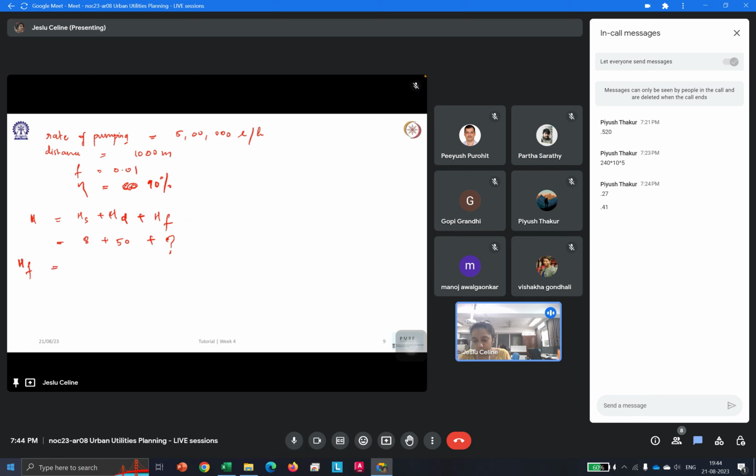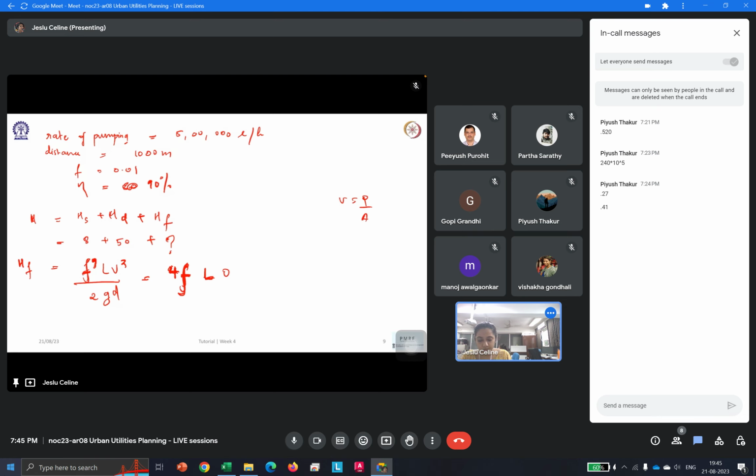HF is equal to, the formula which we used before, F dash L V square divided by 2GD, which we derived how we are changing into 4F, because F is what is given. Converting Manning's coefficient F into Darcy's coefficient F dash, we multiply it by 4. So that's why it's 4F into L, which is this distance, which is given 1000 meters. I'm just keeping it like that. And we are converting V equal to Q by A.